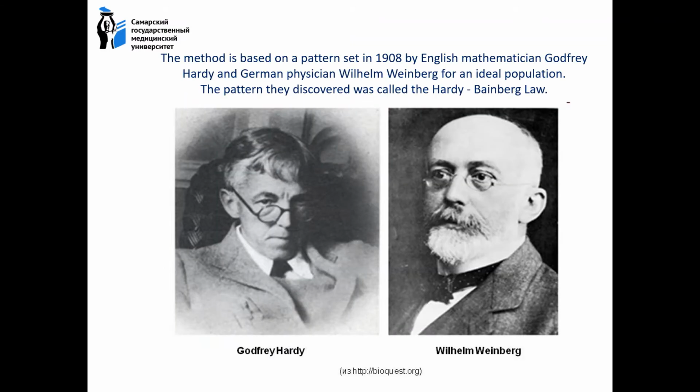Genetic structure of population can be studied with the help of the Hardy-Weinberg law. The method is based on a pattern set in 1908 by English mathematician Godfrey Hardy and German physician Wilhelm Weinberg for an ideal population. The pattern they discovered was called the Hardy-Weinberg law.